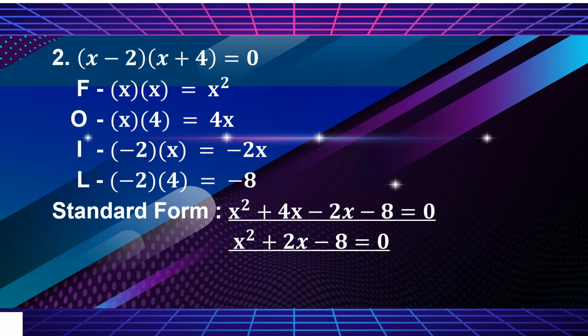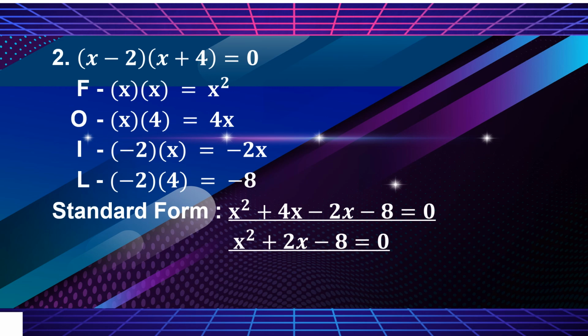Now, let us start with F, which are the first terms of the two binomials. The first term of x minus 2 is x, and the first term of x plus 4 is x. So if we multiply x by x, that is equal to x squared.